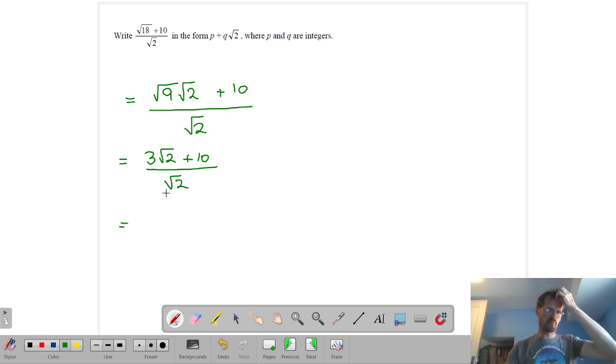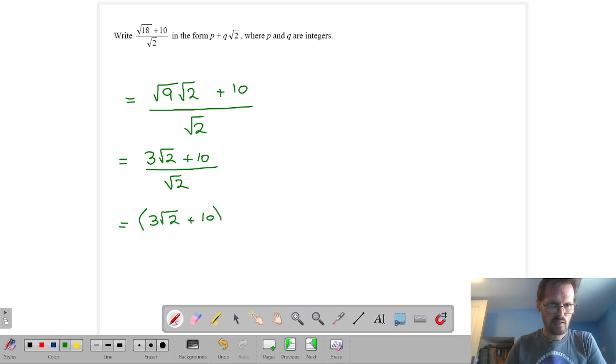Then, to deal with the root 2 at the bottom, we need to rationalise the denominator. I'm just going to put the top in brackets to make that really obvious what we're doing. Over root 2, and because there's a root 2 at the bottom, we're going to times the top and the bottom by root 2.